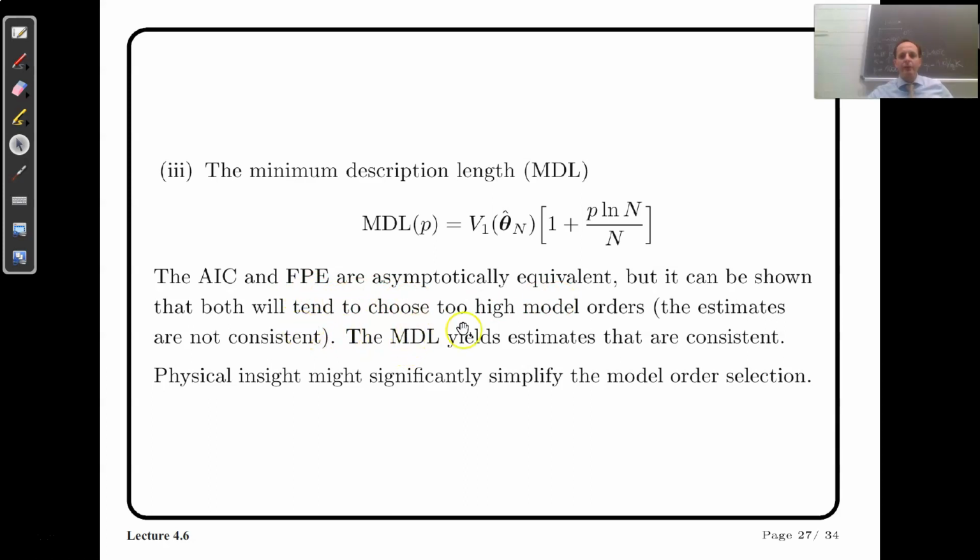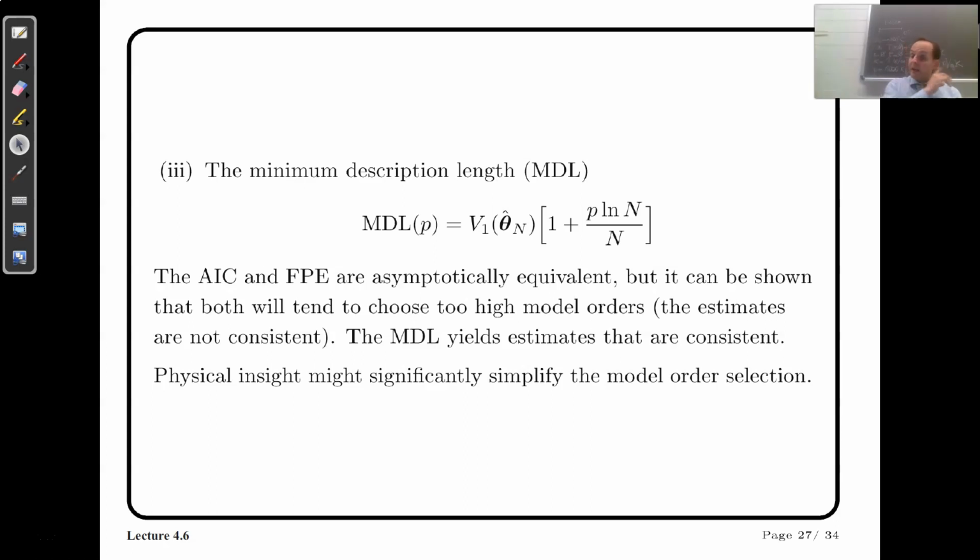it can be shown that both will tend to choose high order models. So they suggest selecting a model order quite high, and so the estimates will not be consistent. On the other hand, the minimum description length yields estimates that are consistent.